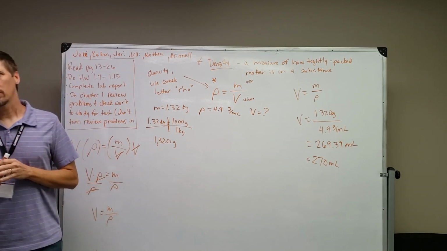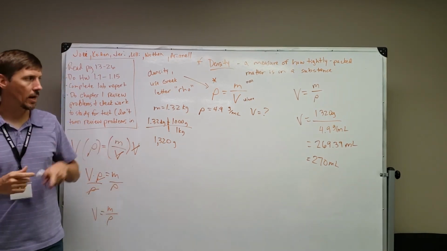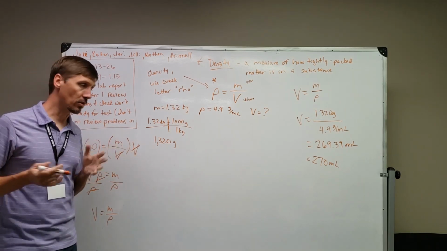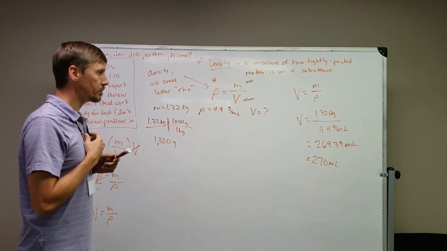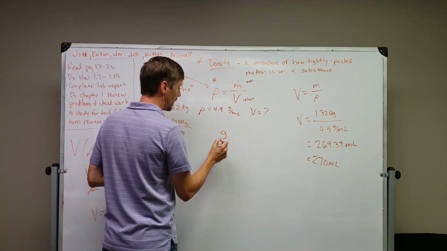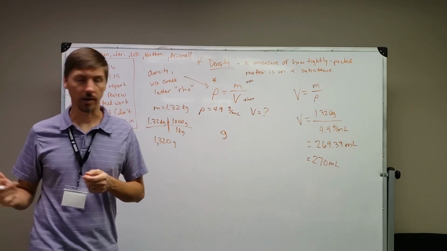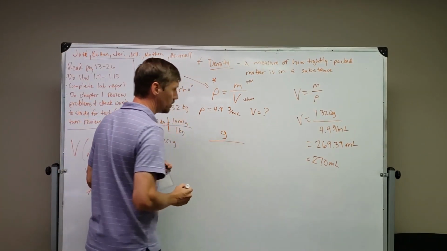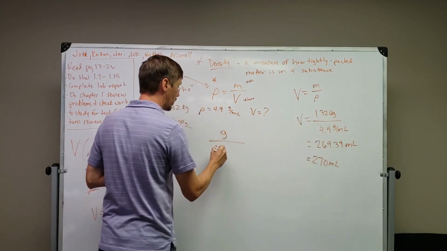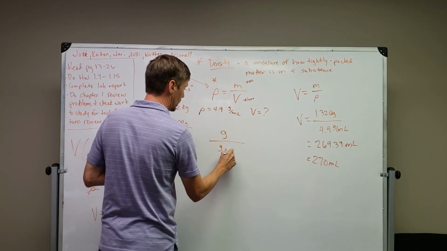And the other thing that I want to make sure you understand is how we got milliliters as our unit there. And again, this is kind of an algebra thing. Maybe even, you probably saw this before algebra, but algebra was when you started doing it with variables, right? So remember, if you think about your units as variables, our units here are grams over grams per milliliter. So it's like that.